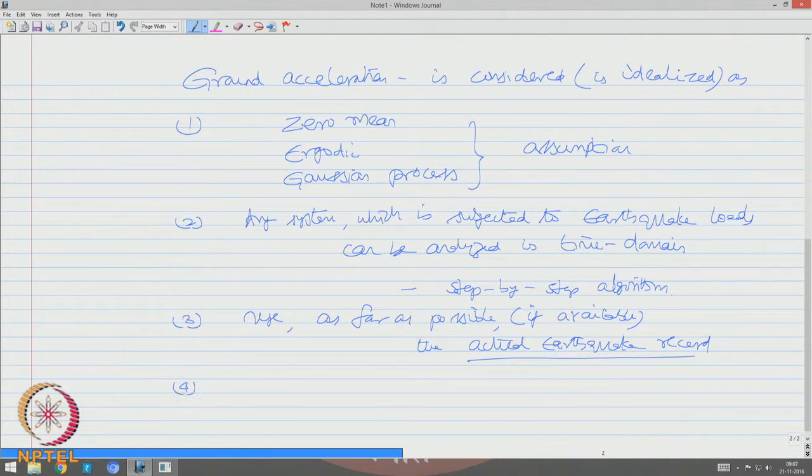The fourth issue could be for autocorrelation of earthquake acceleration. It is said that it will be reasonably small for a time separation, that is tau.